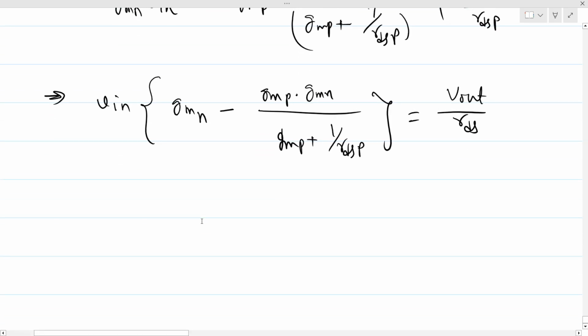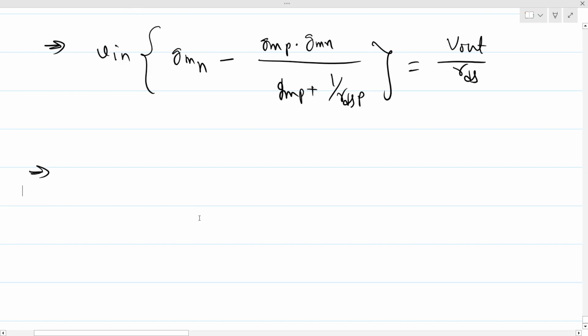Now if I do the further calculation, we will get V out by V in. So it will be RDS of P times this value.